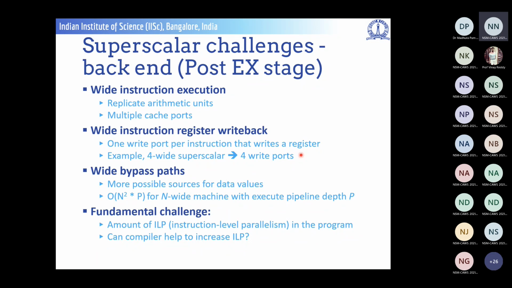Your IPC will be back to 1 or below 1, defeating the whole purpose of having superscalar. And this is why the compiler can help too, because if it is aware of this superscalar processing, it can try to arrange instructions that are back to back to be more independent.